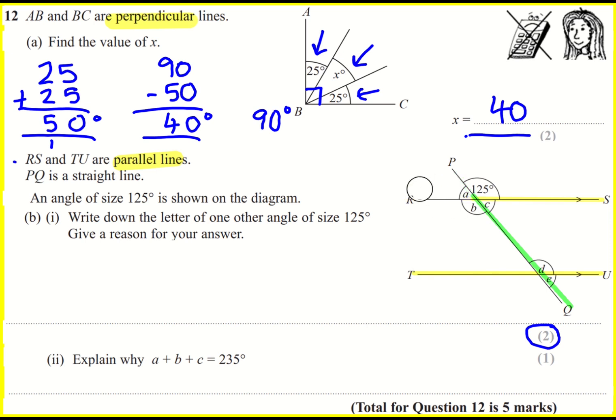Because when you get those situations, you could find angles of equivalent value. So I can see an upside down F shape, I should say, here.